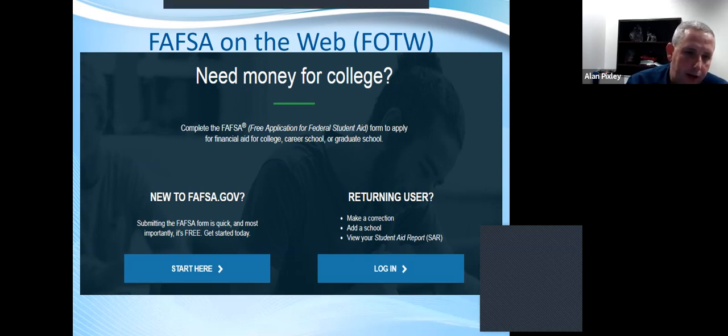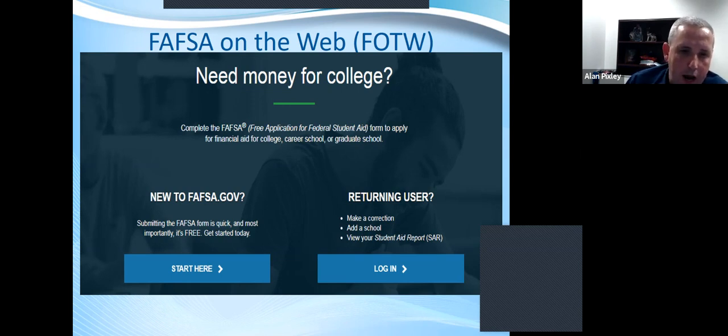After you have already created your account and got started on the application, then you'd be a returning user and you would go in maybe to make a correction on your FAFSA. Maybe you realize that you put some information in incorrectly, or you initially only put one school and you kind of changed your mind and you want your financial aid application to be sent to another school. You could go and add an additional school.